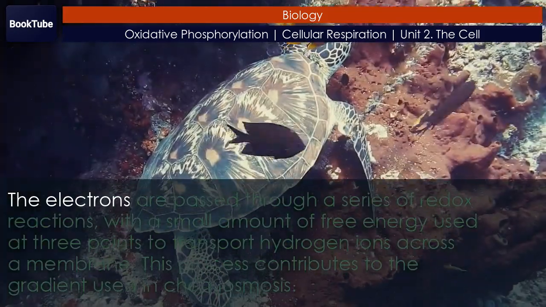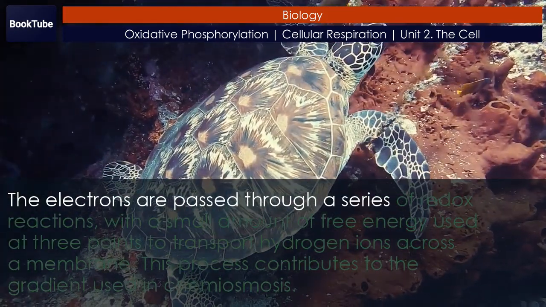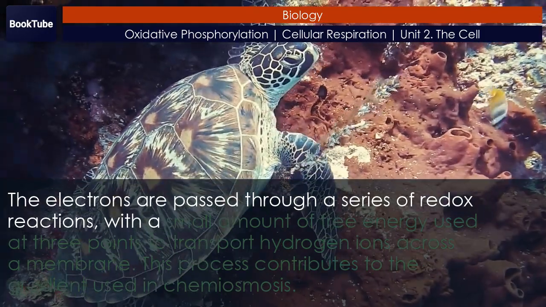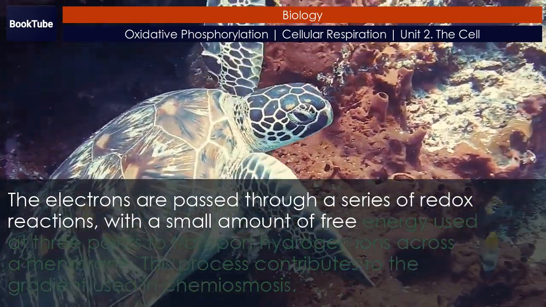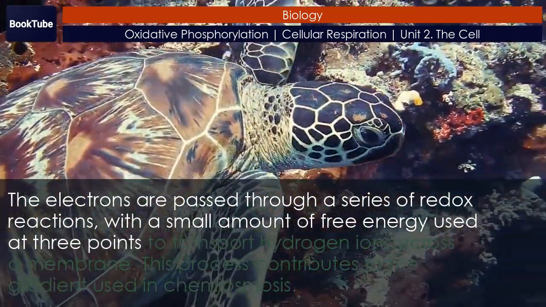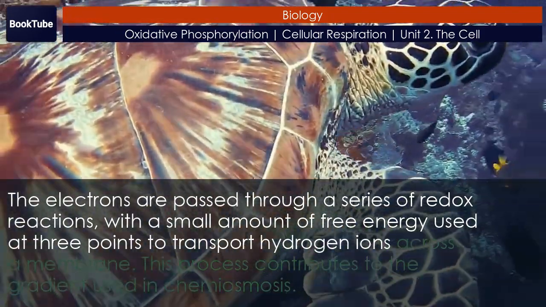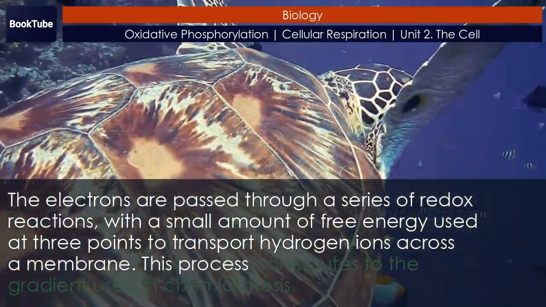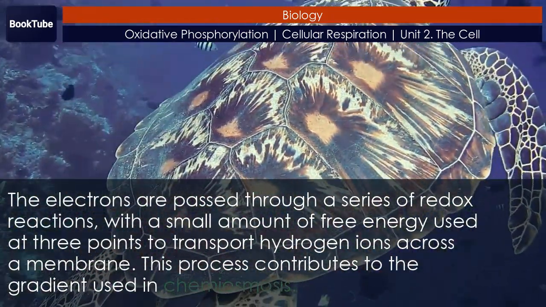The electrons are passed through a series of redox reactions, with a small amount of free energy used at 3 points to transport hydrogen ions across a membrane. This process contributes to the gradient used in chemiosmosis.